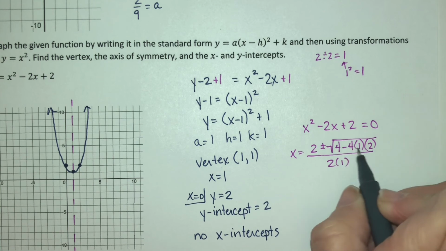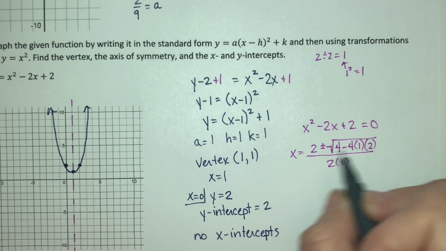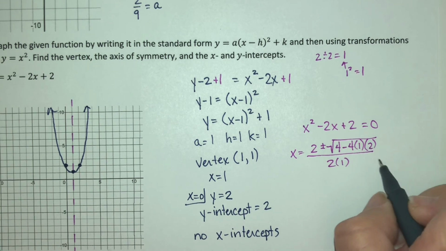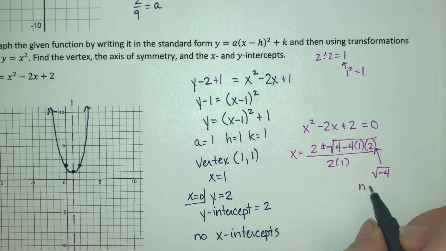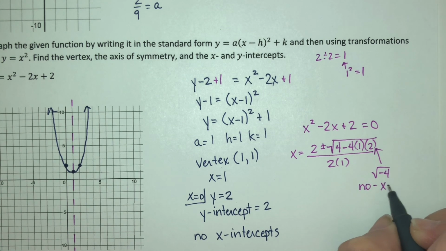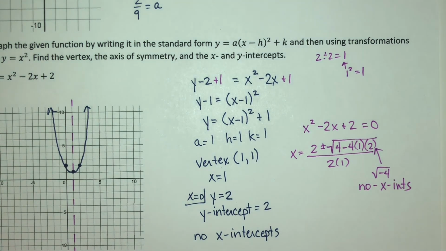I end up right here with 4 minus 8, so I get a negative 4 on the inside, which means there are no real solutions here, which means there are no x-intercepts.